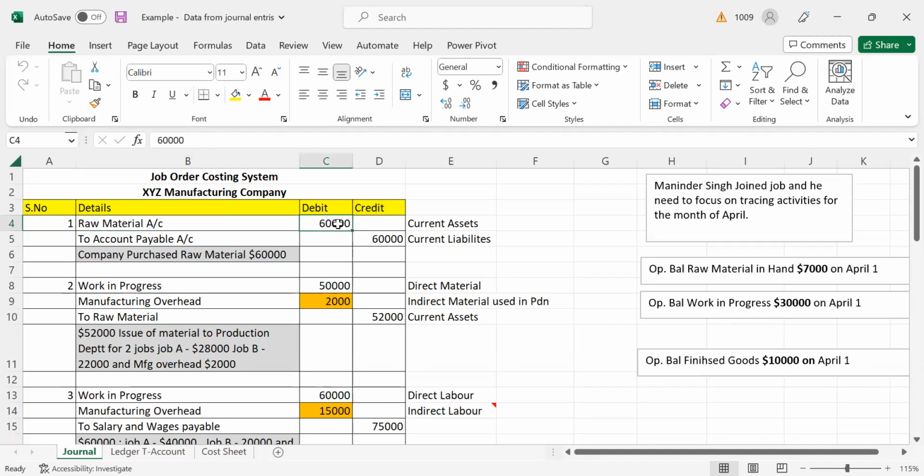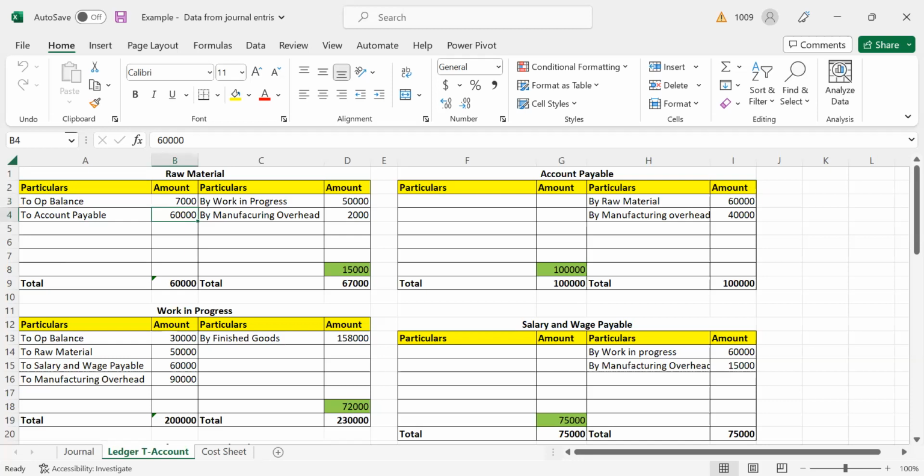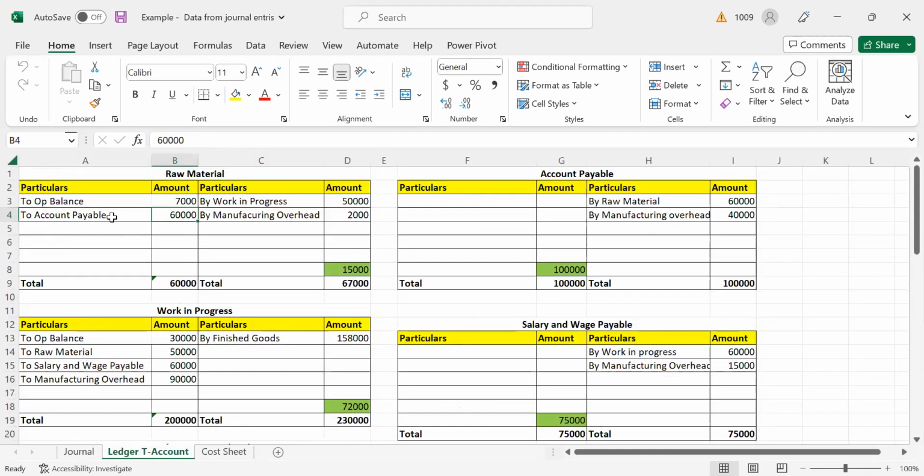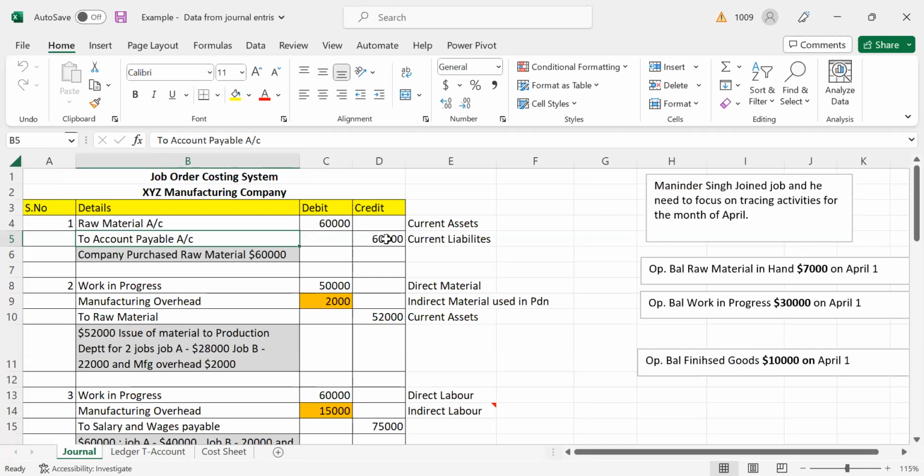It means a debit balance of $60,000 on the debit side. Here what I have written is accounts payable. I have taken this figure under this account, just for explanation. We need to write this one to accounts payable. Now if you look at this $60,000 credit side, the credit balance should be on the credit side of accounts payable.